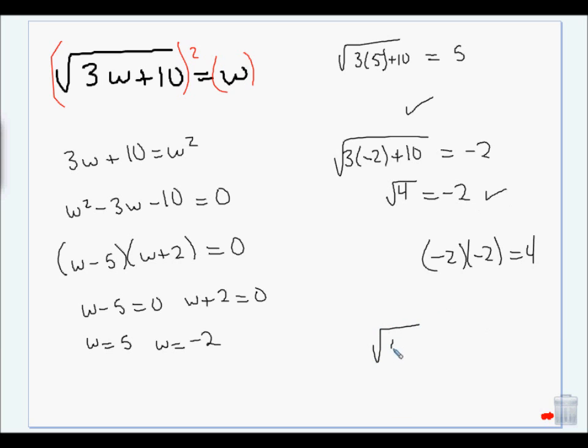Well, when you take the square root of 4, technically it's plus or minus 2. Positive 2 is the principal root. That's the main one, we usually just pick the positive, but it can be negative 2 because a negative times a negative is a positive. So this does work. So the positive is the principal root. That's just usually the one we take, but it can be a negative as well.